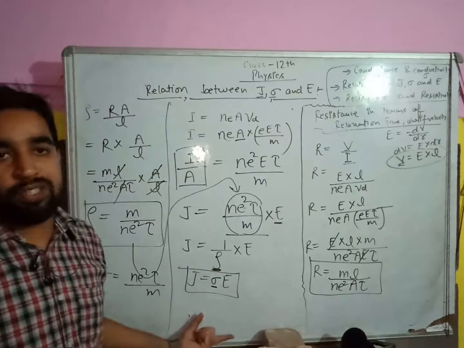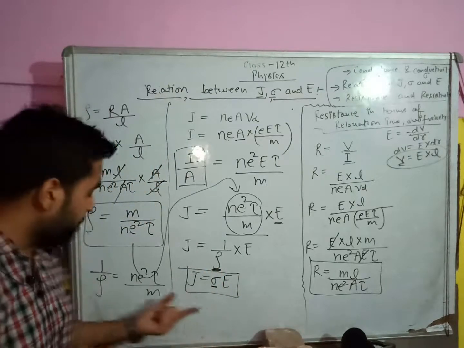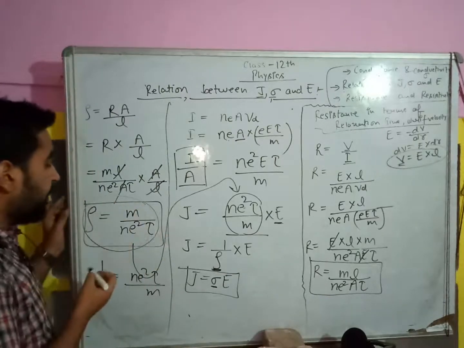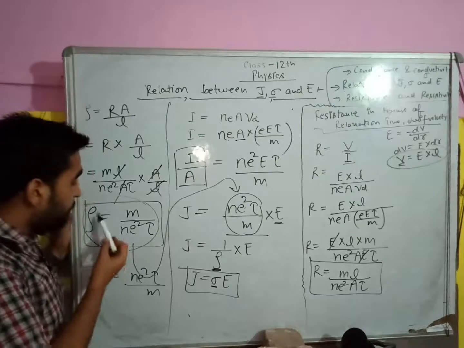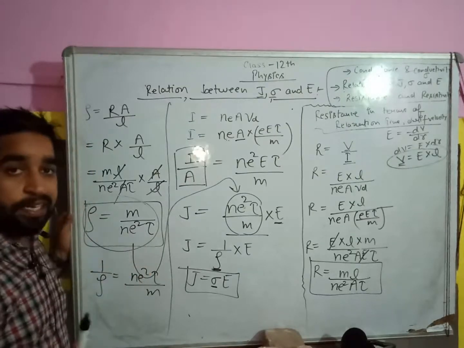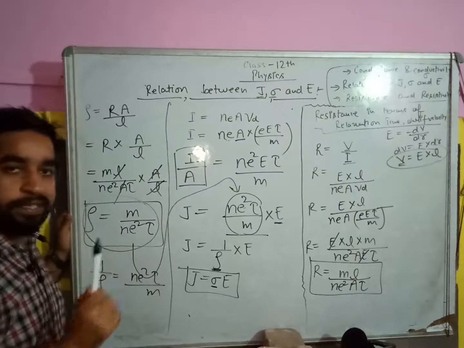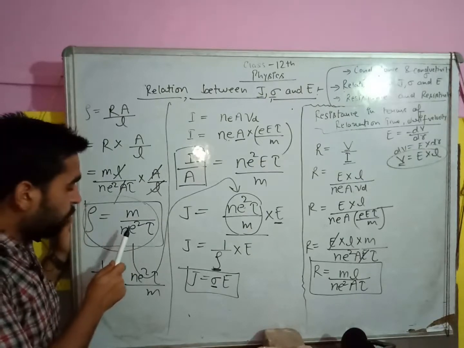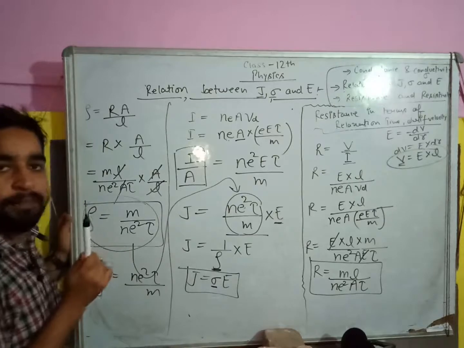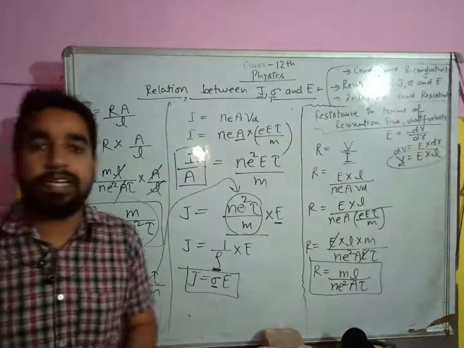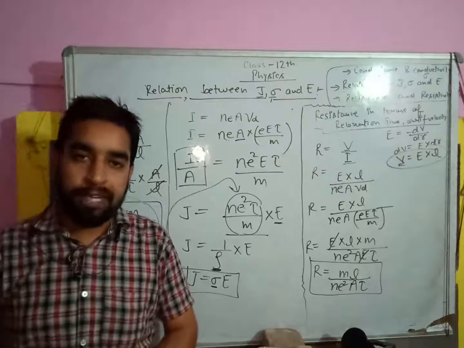So J is equal to σE is a very famous relation, and I hope you understood how we can calculate the resistivity of a material. By this relation you can also see that resistivity is a property of a material. Here mass is constant, number of electrons, charge of electron, relaxation time, all things are constant. That is why resistivity is considered to be a fundamental property of a material.